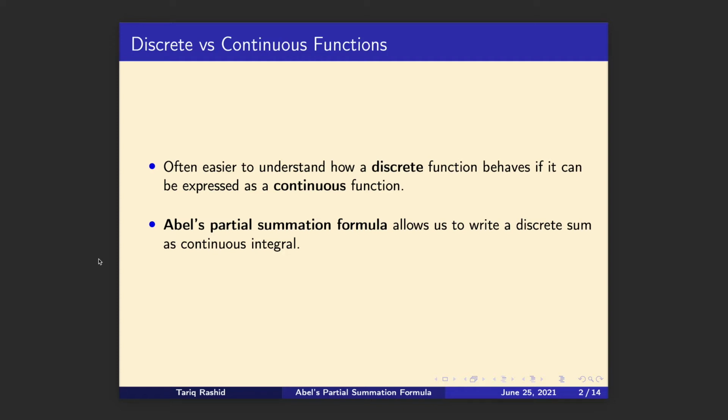Whereas discrete functions, arithmetic functions, jump up in step-like ways, and they're not as easy to manipulate and explore, despite natural numbers, normal numbers, being a simple concept. So that's what it does. It helps us convert a problem about arithmetic functions into a problem about continuous functions. That's why it's a really useful tool.